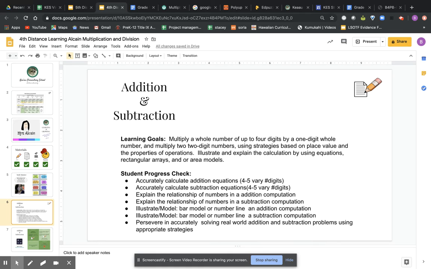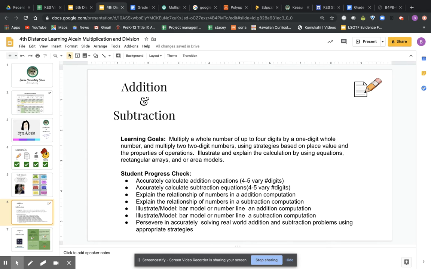We want you to be able to explain relationships between numbers in addition and numbers in subtraction. We also want you to build up your ability to model and explain a lot. Explain using a bar model or number line, model an addition computation, or model a subtraction computation.